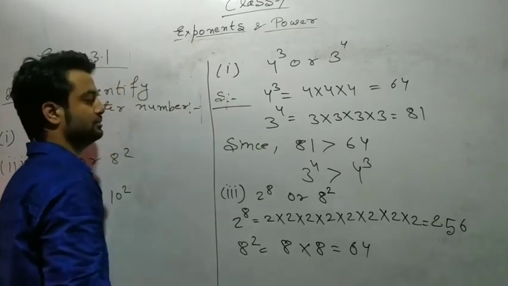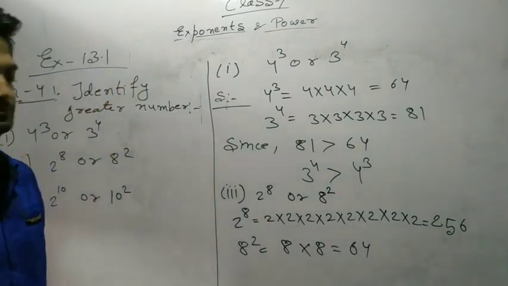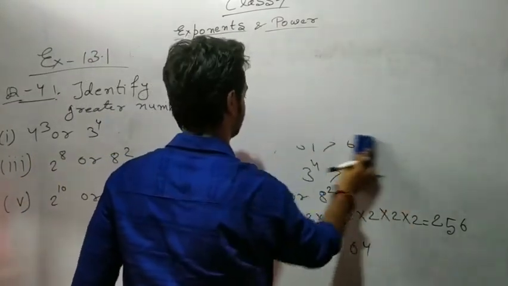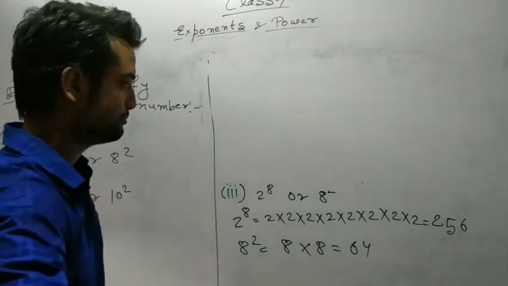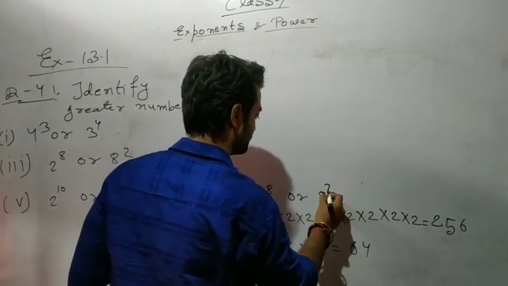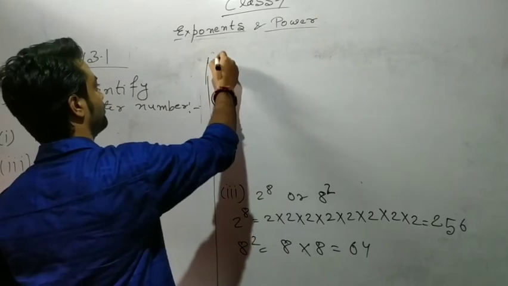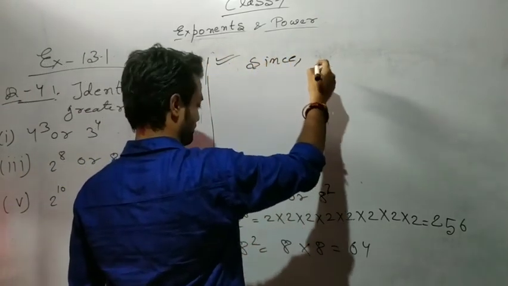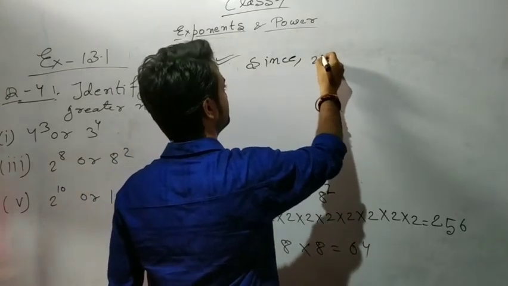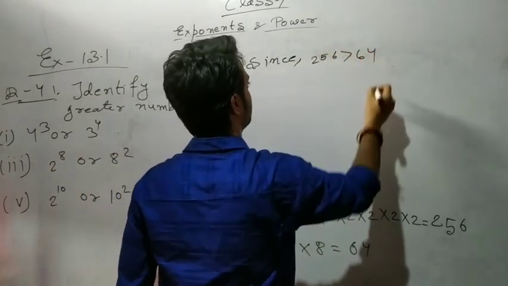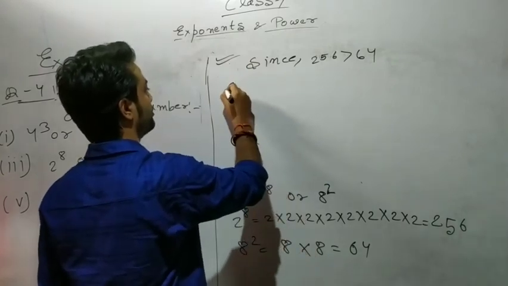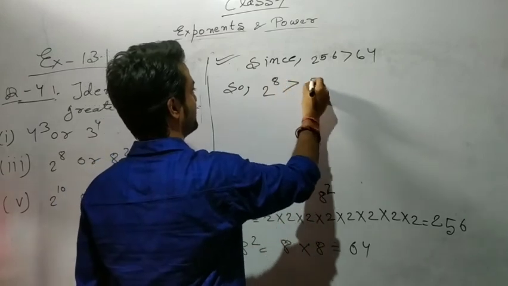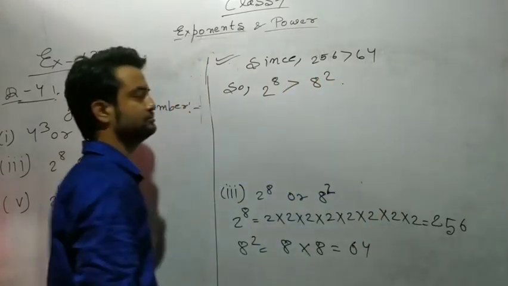Okay, I will write it here. Since 256 is greater than 64, so 2 raised to the power 8 is greater than 8 raised to the power 2.